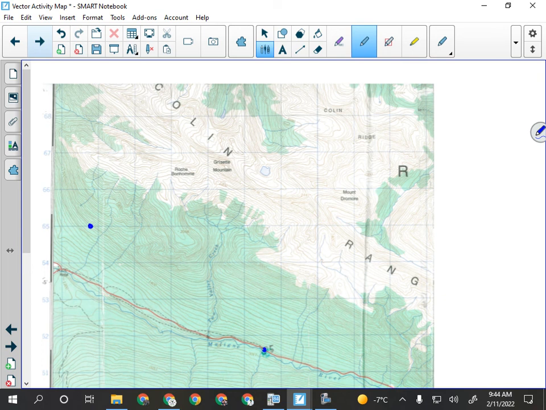The most logical thing for me to do would be to walk along this trail as long as possible. Agreed? So I'm going to do that. And I'm going to use green as my 1.5 meter per second indicator. If I'm below the tree line and on the trail, I can walk at 1.5 meters per second.